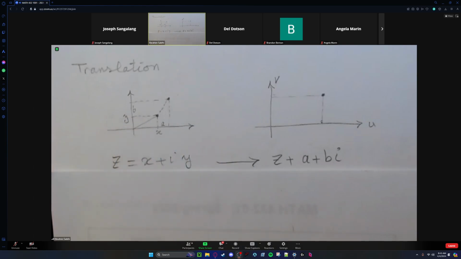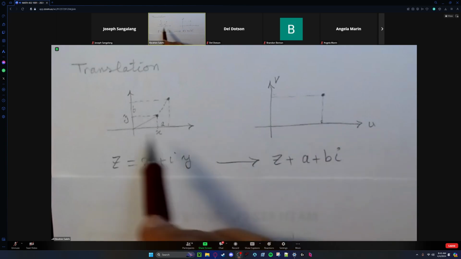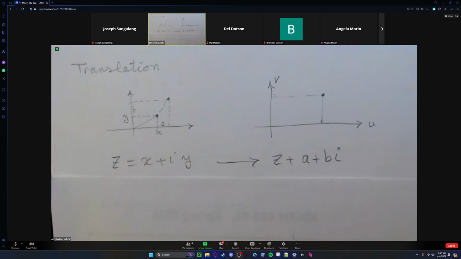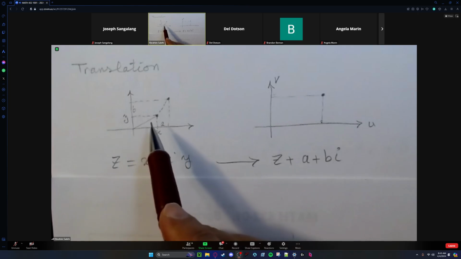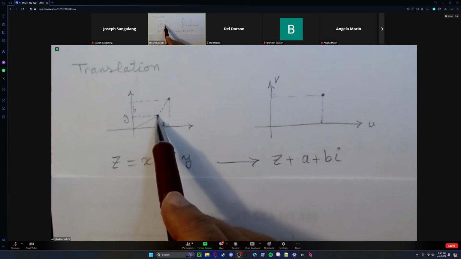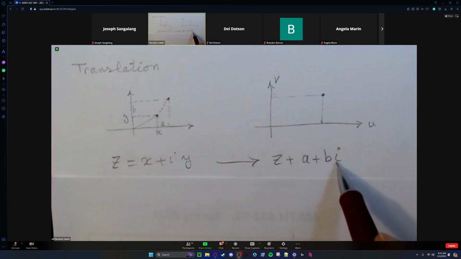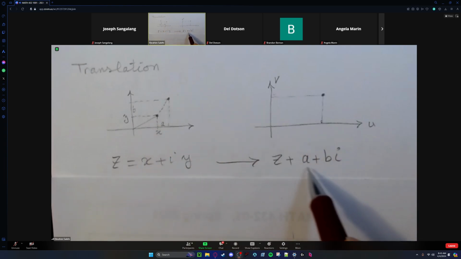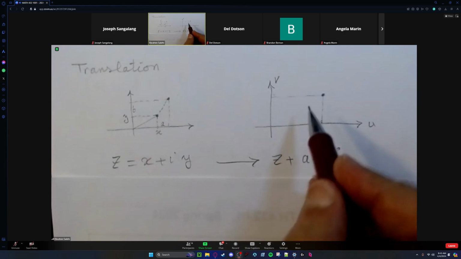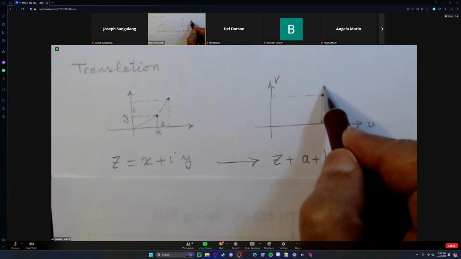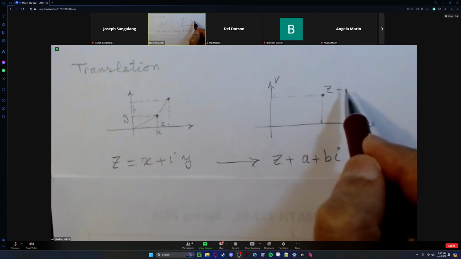So putting it in two different coordinate axes, z is here, but z plus a plus bi. Just let's call this one b. This is z plus b.